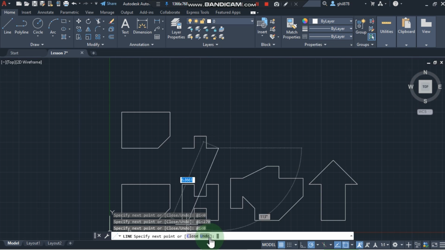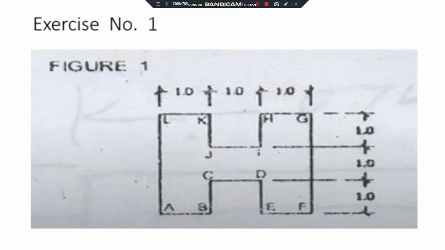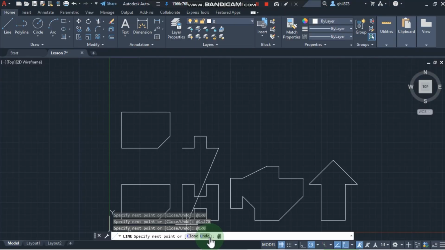Going up again, that will be a distance of 3, angle of 90 degrees going up. Then to the left at 1, angle of 180 degrees. Going down at 1, angle of 270 degrees.